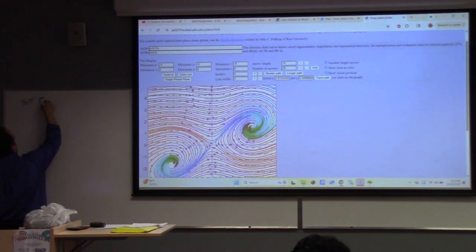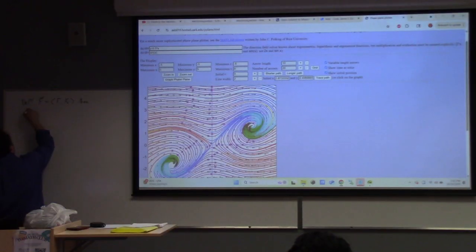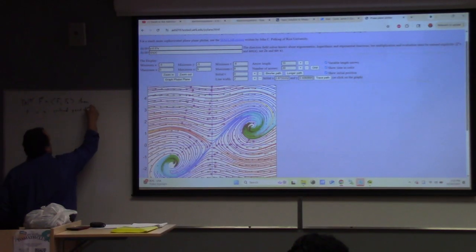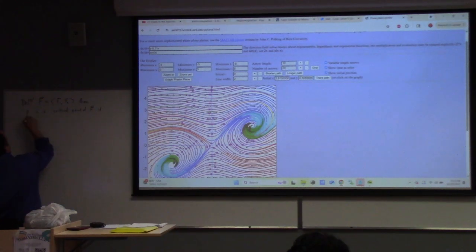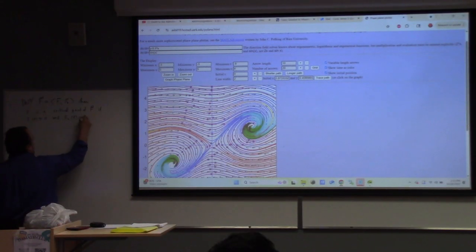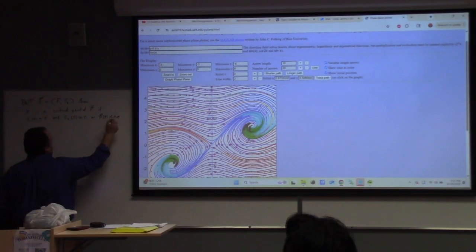If you have F equal to (F1, F2), then P is a critical point of F if F1 of P is equal to 0 and F2 of P is equal to 0, or perhaps it could be that F of P is not defined, right?